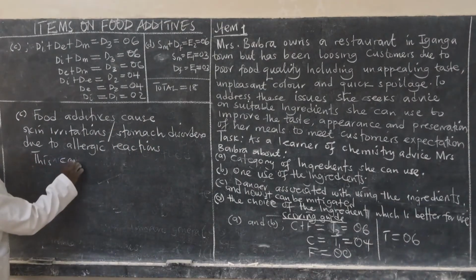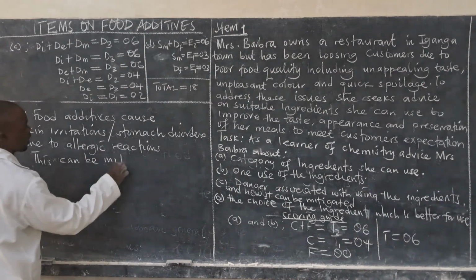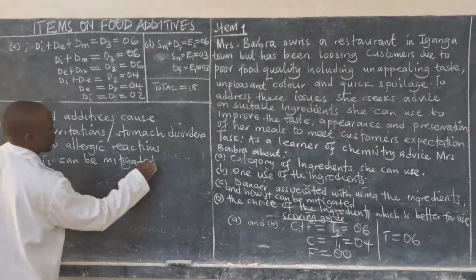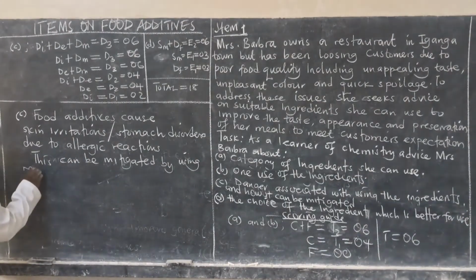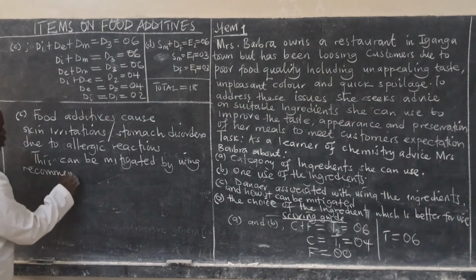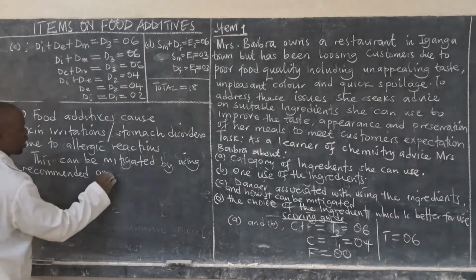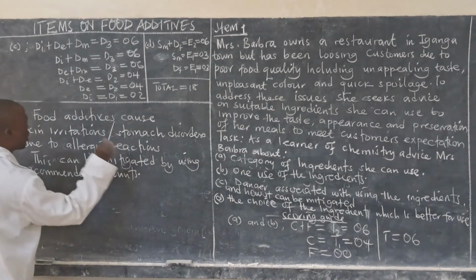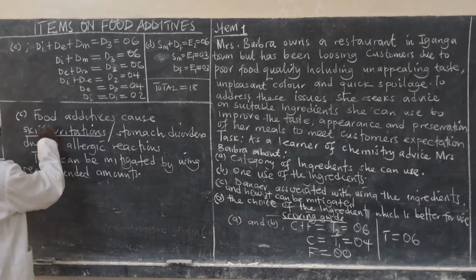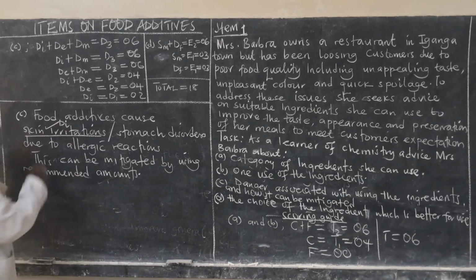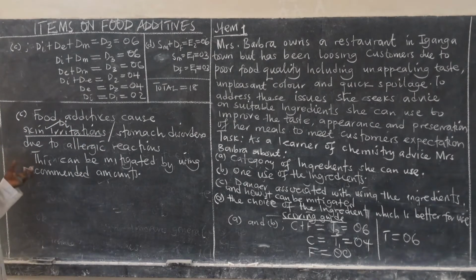This can be mitigated by using recommended amounts. So danger identified is skin irritations, tick DI, danger identified. How does it occur?